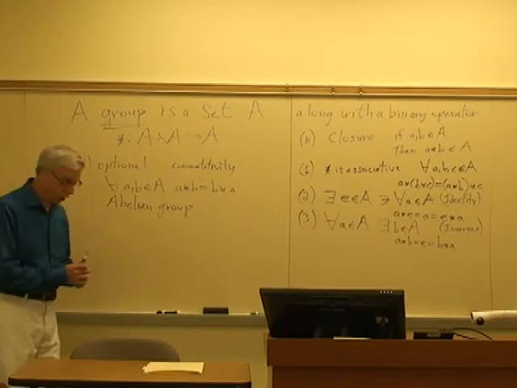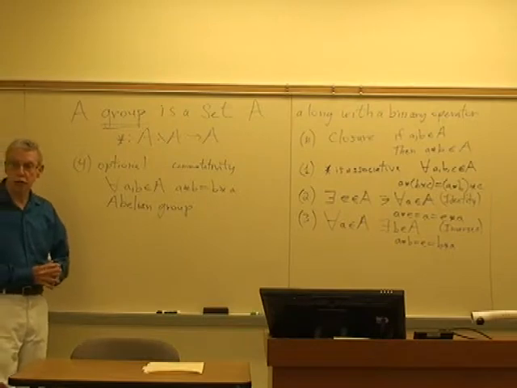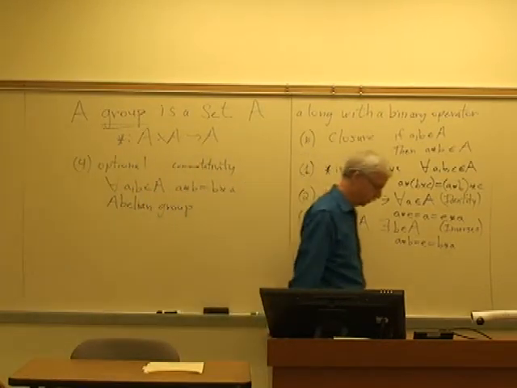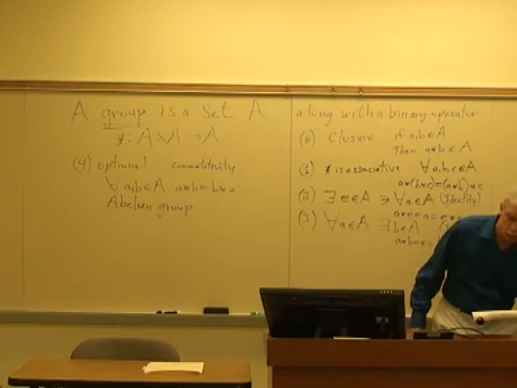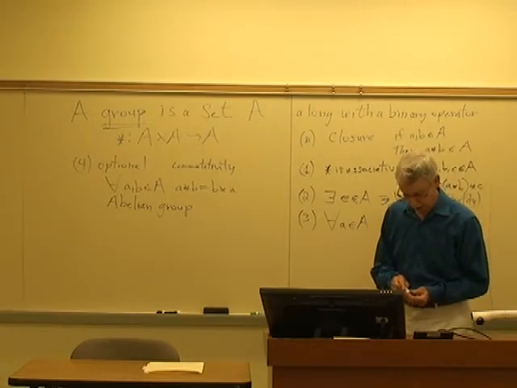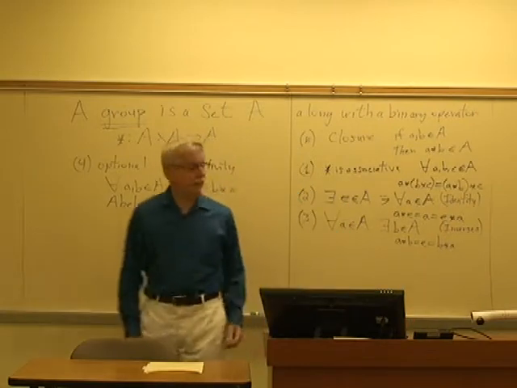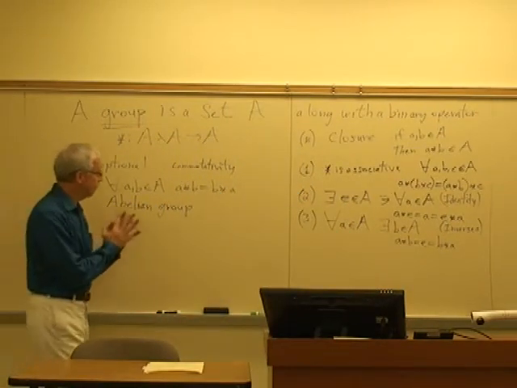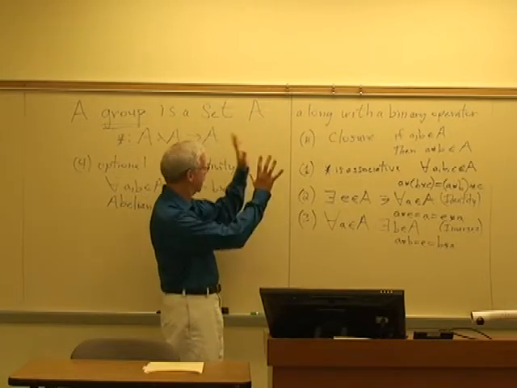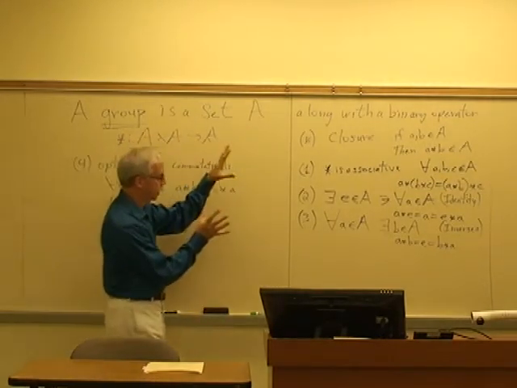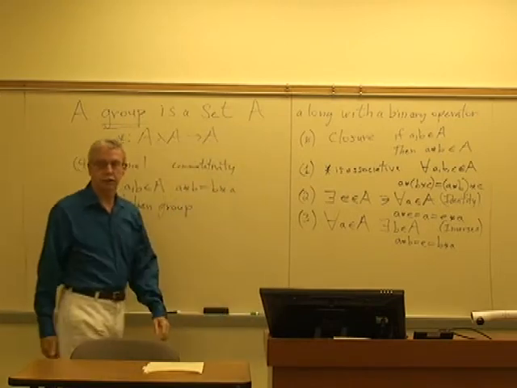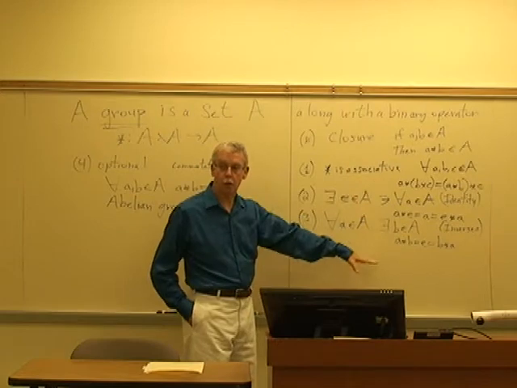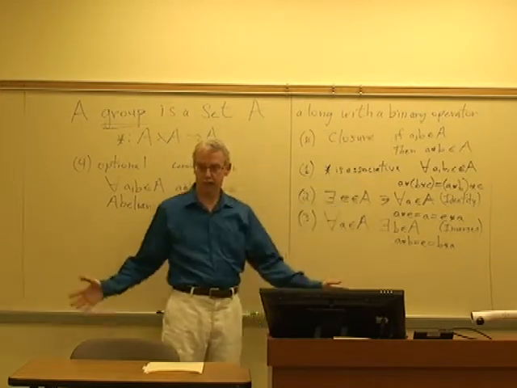Okay, what I want to start doing is giving some examples and some non-examples that will make this clearer. But why do we care is the real question. And the reason we care is this is real abstract. That's why they call it abstract algebra. If I can find any set and any operator that behaves this way, then anything I prove using only these properties works for everybody.